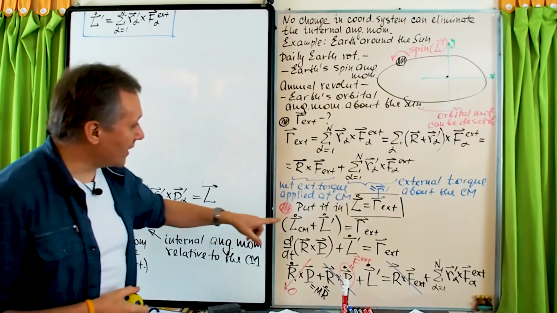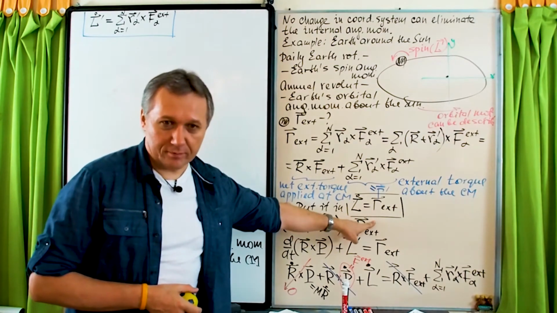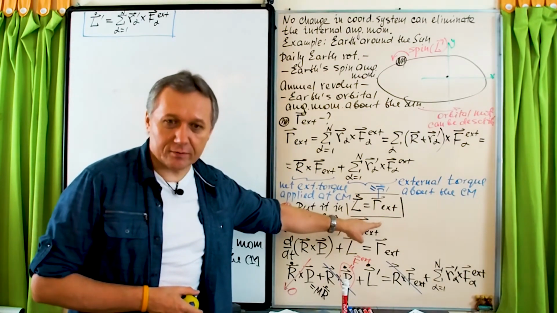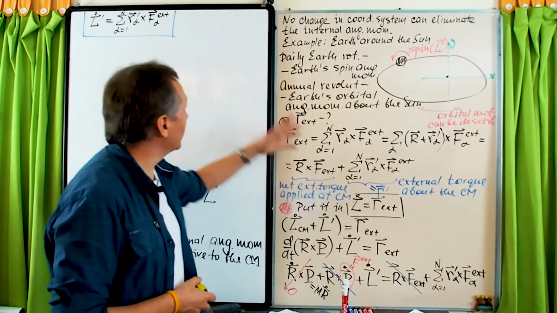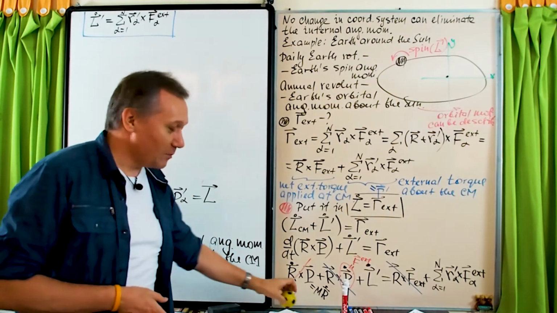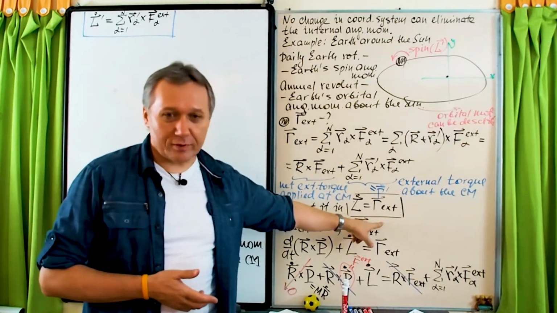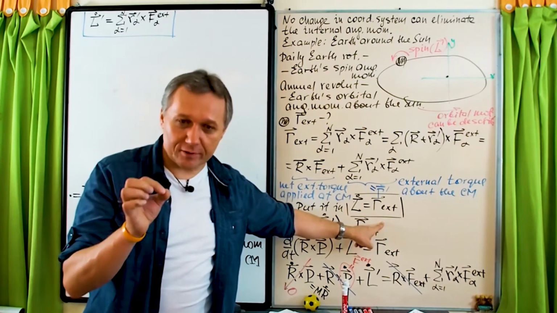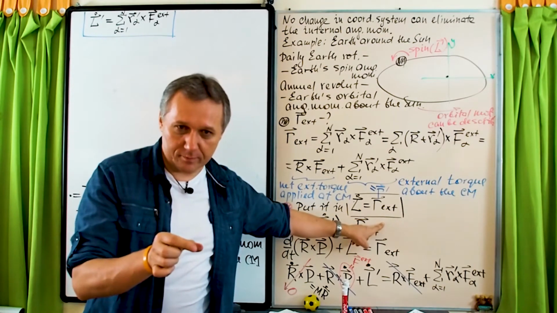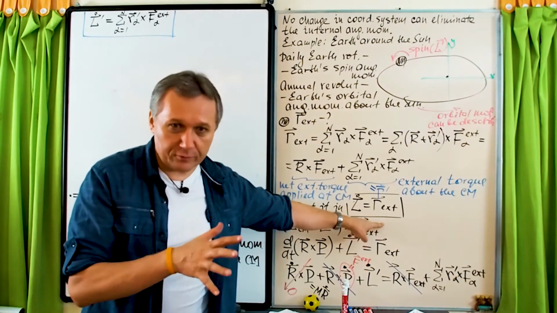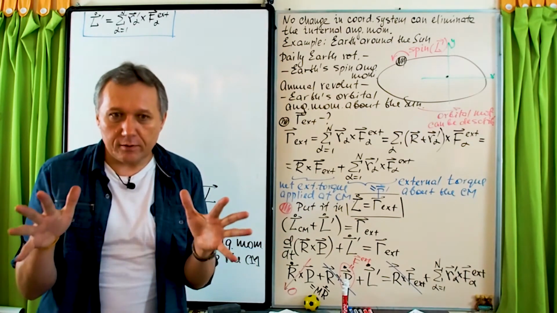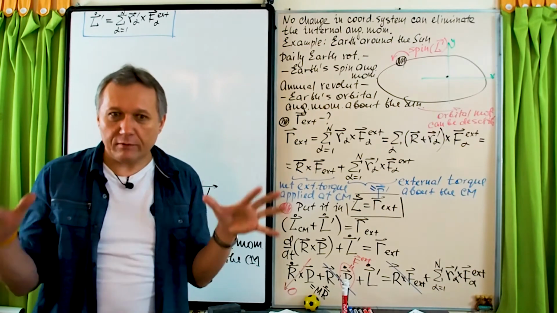But look, we started from this equation. This equation was written relative to the inertial reference frame, to the origin O, right? Then what we've done, we haven't changed the reference frame, we haven't changed the origin, we haven't changed anything.